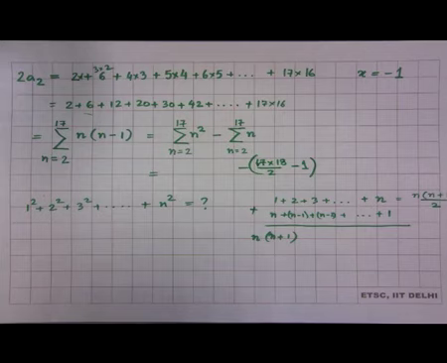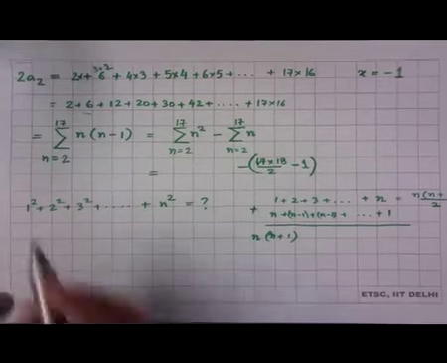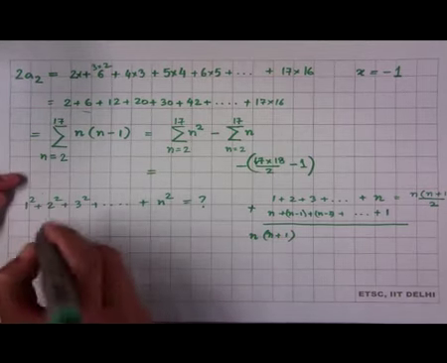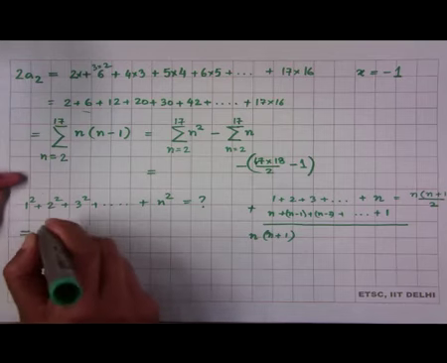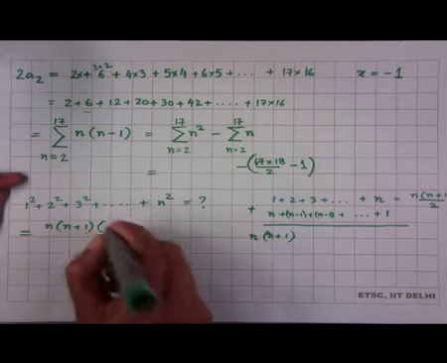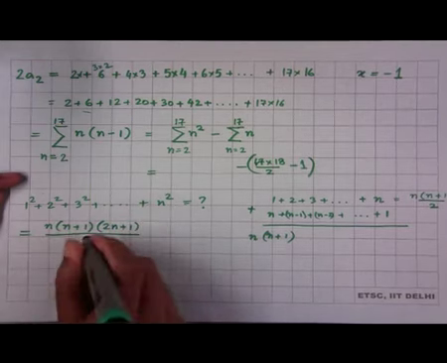How do you do that? What is this sum? You should be knowing this if you are preparing for JEE. The result is n into (n plus 1) into (2n plus 1) by 6.